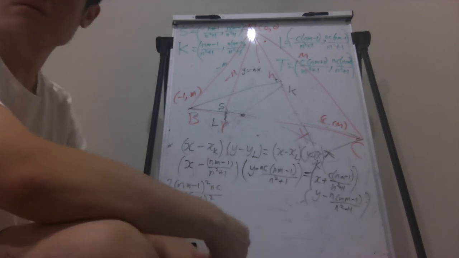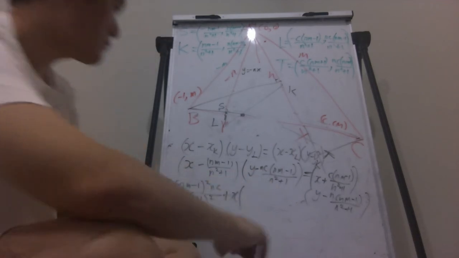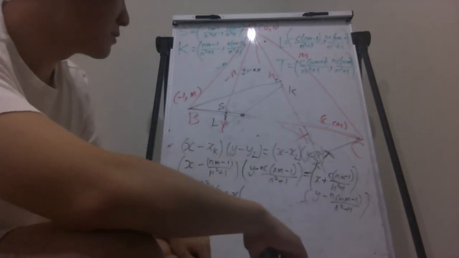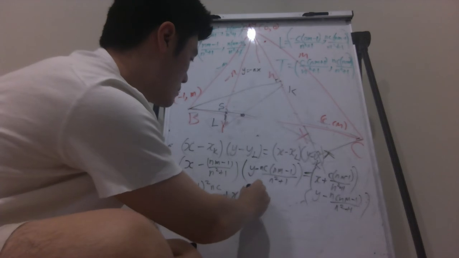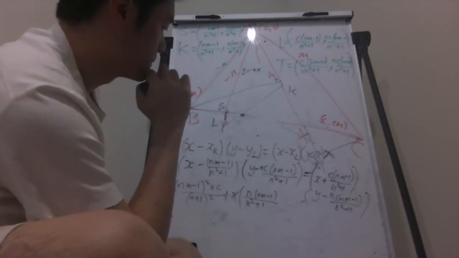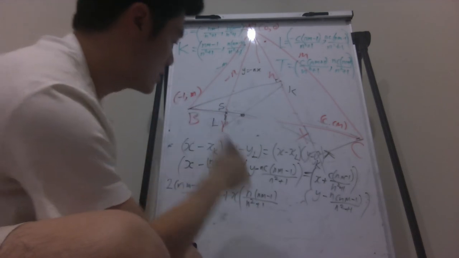And then for the coefficient of x, you get this minus this, right? So you get n squared plus 1 minus c, basically, right?